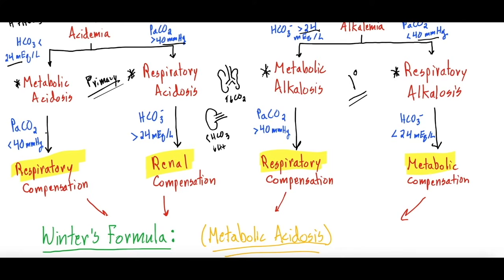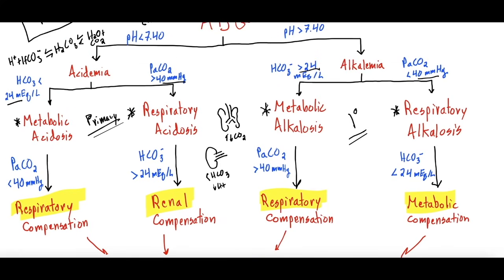And if the carbon dioxide is less than 40, meaning, if we scroll up to this equation, the carbon dioxide is low, so it is shifting the equation this way and decreasing the number of hydrogen ions, trying to make the blood less acidotic, then the respiratory system is compensating. So if the PCO2 is low in a metabolic acidosis, that means that the lungs are compensating. And we're going to get into some specific numbers and equations in a second.